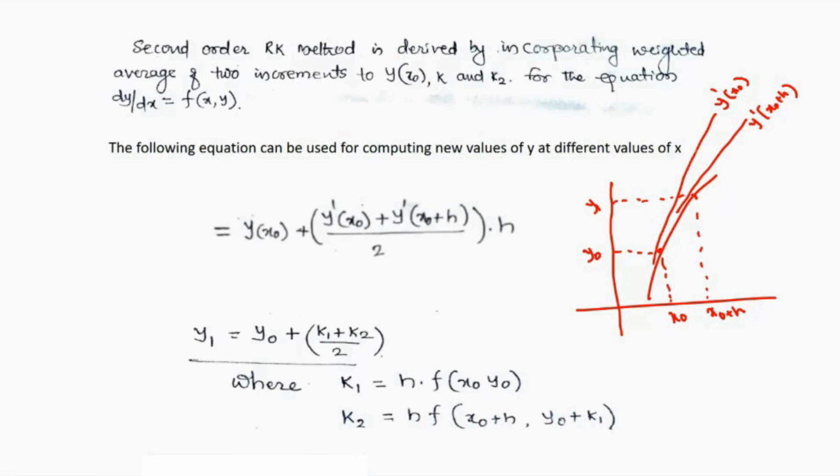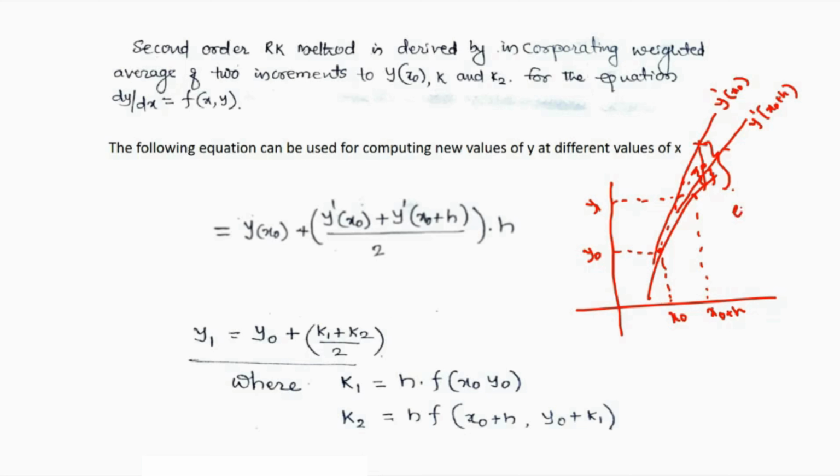The average of these two slopes gives you a slope somewhere in between. If you use just one slope for a particular point, you will get this much error. If you use the second derivative, you will get this much error. If you take the average, you will get a point somewhere in between, so we can reduce the error. In the previous case this is the error; if you take the average, you will get this smaller error.